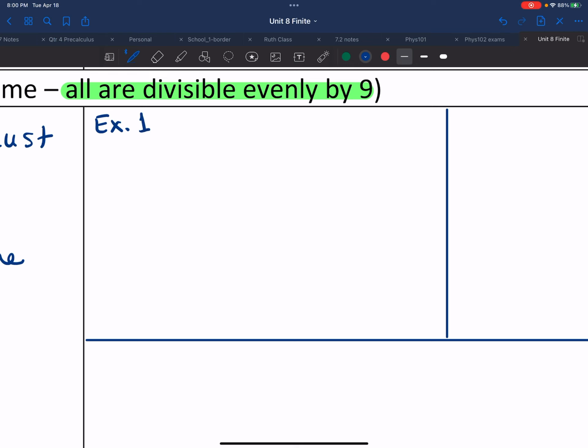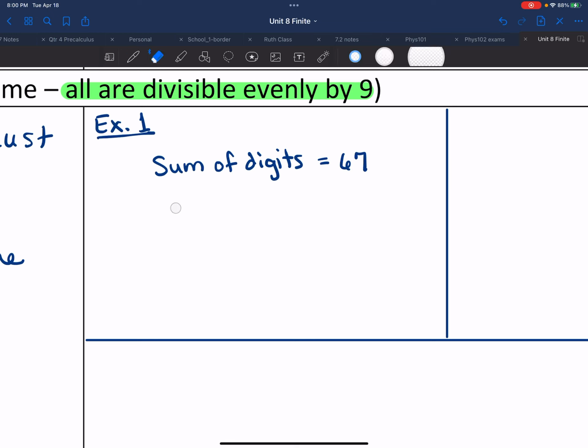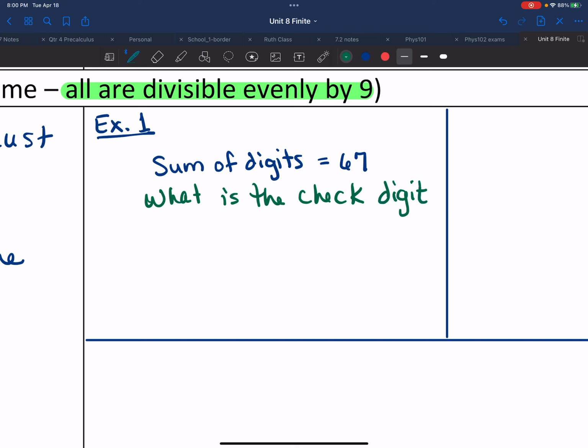So example 1 here, the sum of my digits, not including my check digit, is equal to 67. And my question is, what is the check digit?